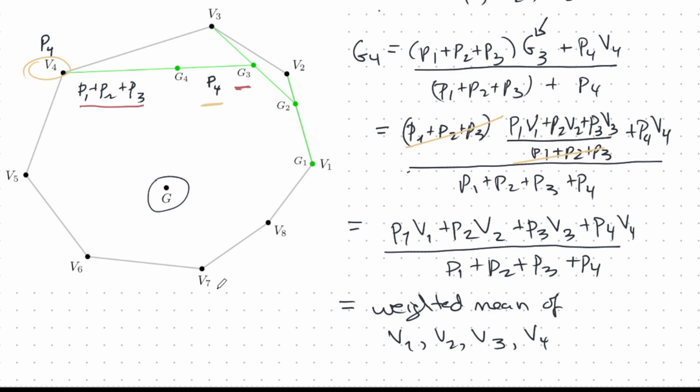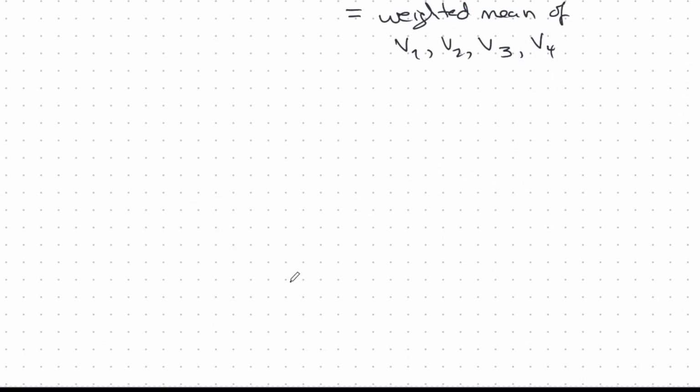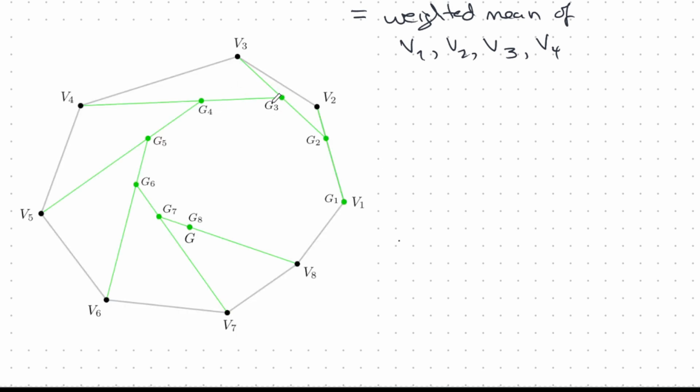So you see the pattern, you see where this is going. Let's just complete the whole thing and do the last one. Well, we'll show you how the last one looks. Like so, I continue the construction. So I started here with P1 and here P2. This was P3 and this was P1 plus P2.